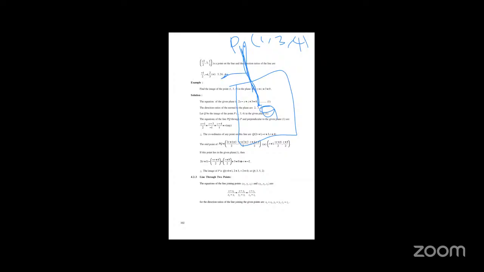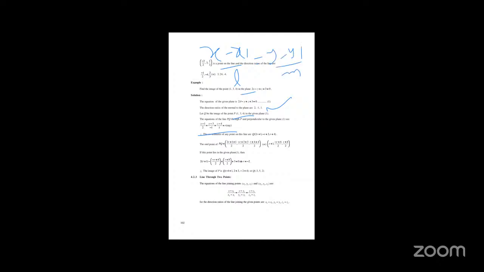So the equation of the line passing through the point 1, 3, 4 and having DRs 2, minus 1, 1 is of this form. We know x minus x1 by l, y minus y1 by m, z minus z1 by n. So this is the line equation.